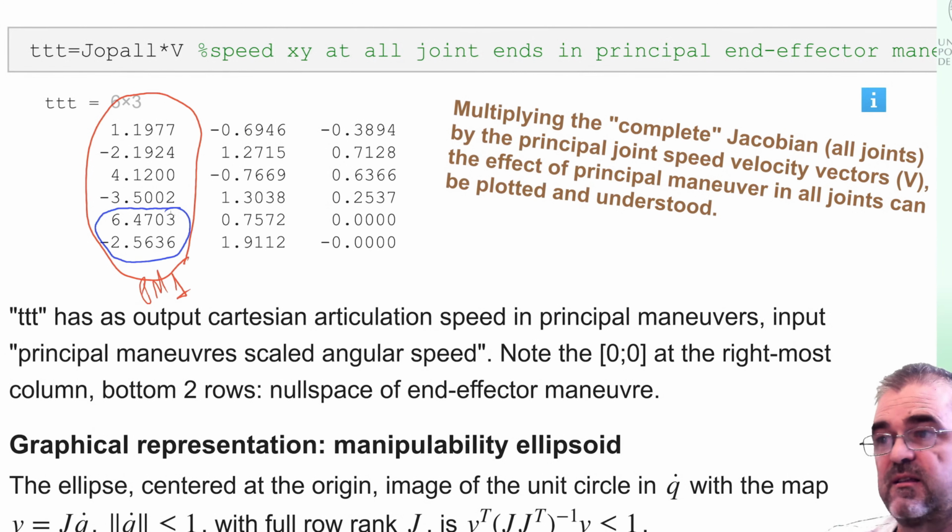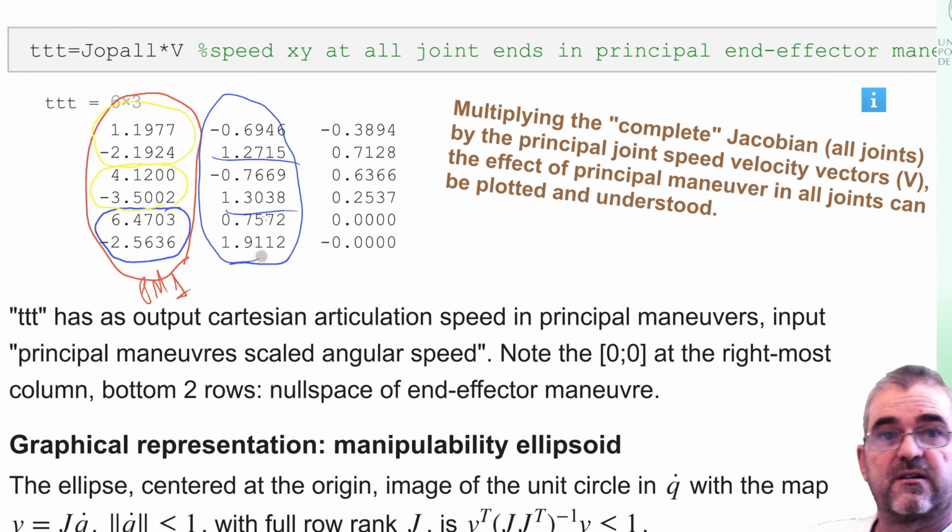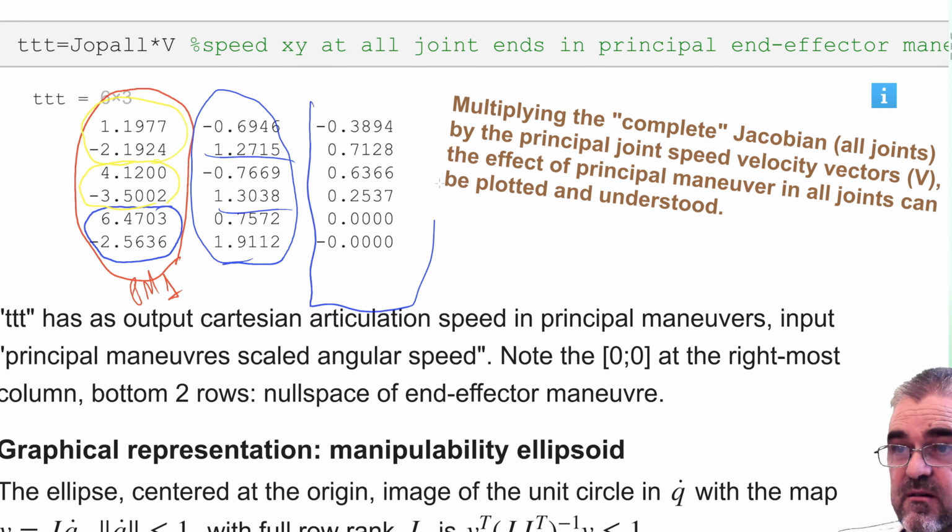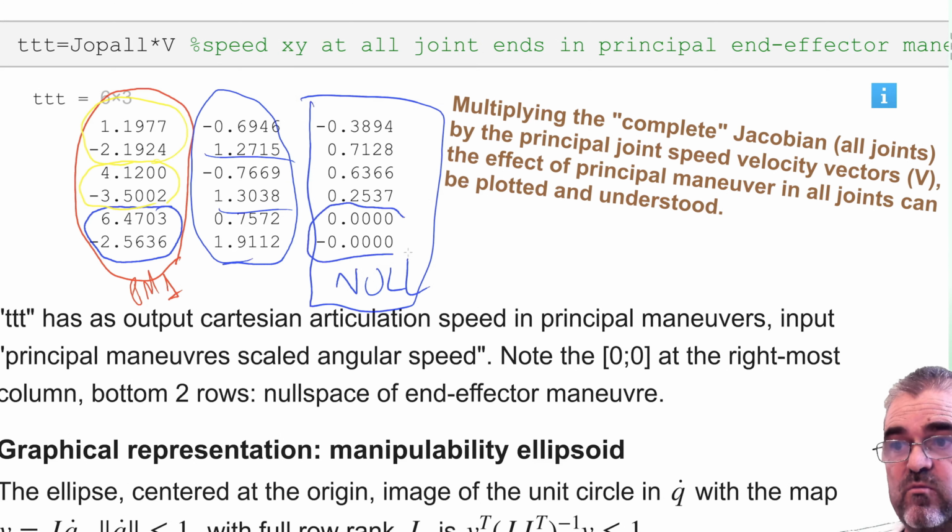This is the yellow arrow in the end-effector, and these are the arrows I drew in the first and second intermediate joints, and likewise these 6 numbers grouped 2 by 2, xy, are the arrows corresponding to the second principal maneuver, and indeed this is the null maneuver, no movement of the end-effector, but in the null maneuver I do have movement of the intermediate joints. We'll simulate that in the next video.